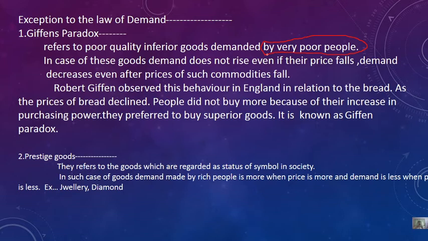In the case of these goods, demand does not rise when their price falls, or demand decreases even after the price of such commodities falls. Means in such a case the demand curve is like the exceptional demand curve, that is upward sloping from left to right.